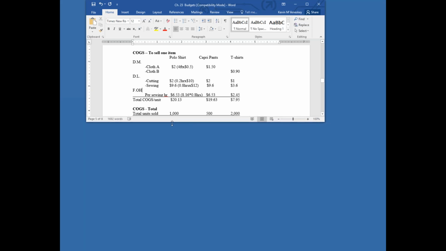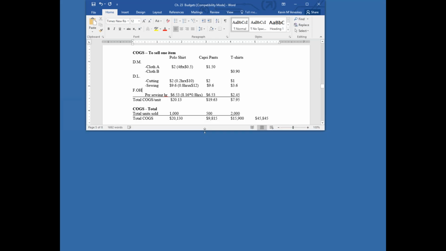So I'm going to sell 1,000 units, and this is what it costs for one unit to sell. So over 1,000, this is how much it cost me in cost of goods sold. Capri and t-shirts for a total cost of goods sold of $45,845.